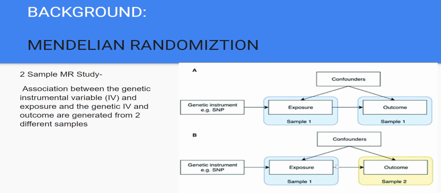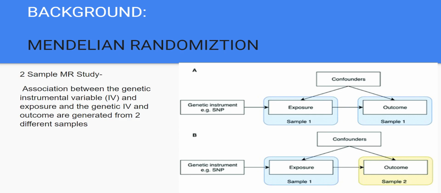And if we are using two different samples, it's a two-sample study. A two-sample study uses two different study samples for the risk factor and the outcome to estimate the causal effect of the risk factor on the outcome. It's helpful when it is difficult to measure both the risk factor and the outcome at the same time. It also offers the chance to incorporate data from different sources.